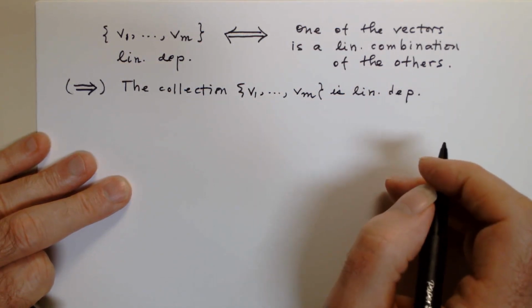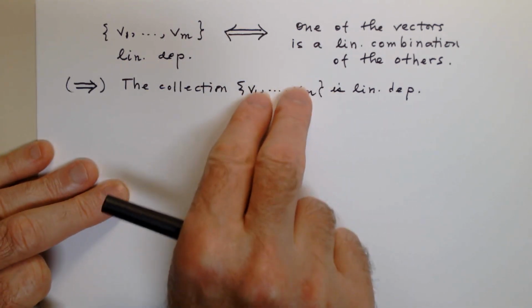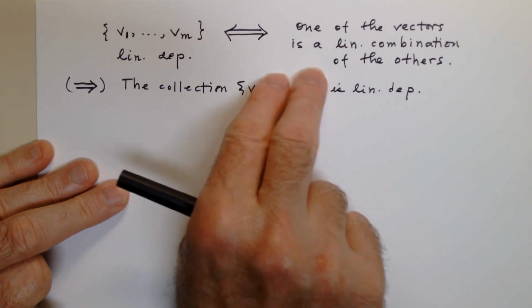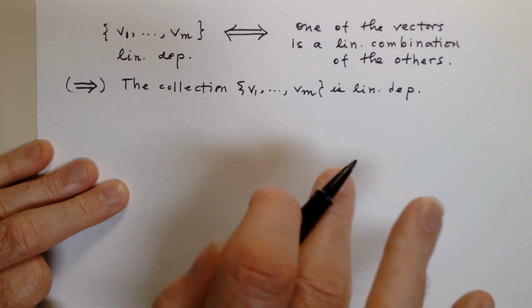Now, what does that mean? According to the definition, that means that there is a non-trivial set of coefficients that produces a linear combination of these vectors that produces the zero vector.